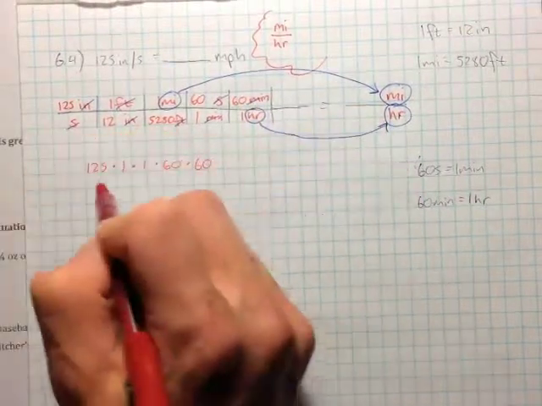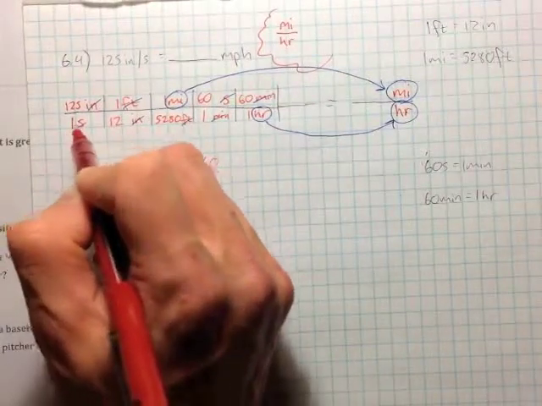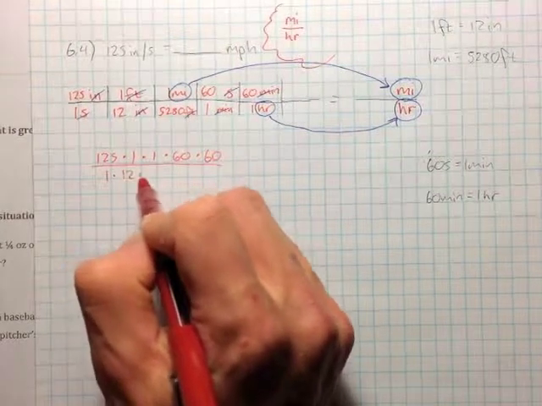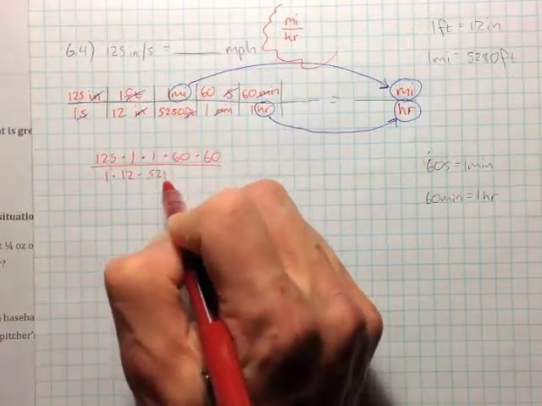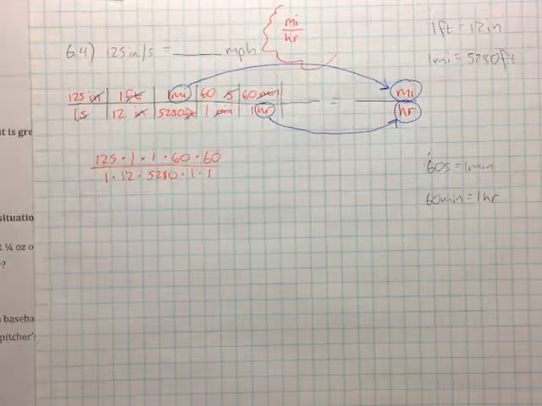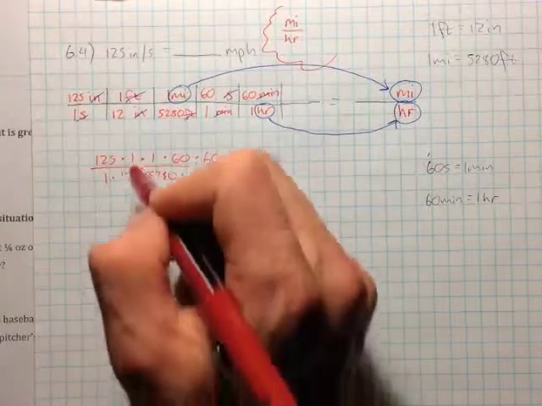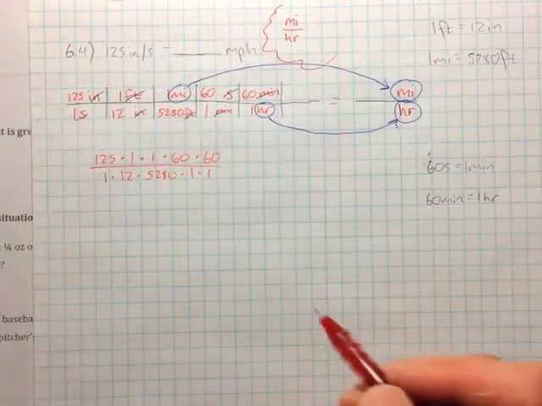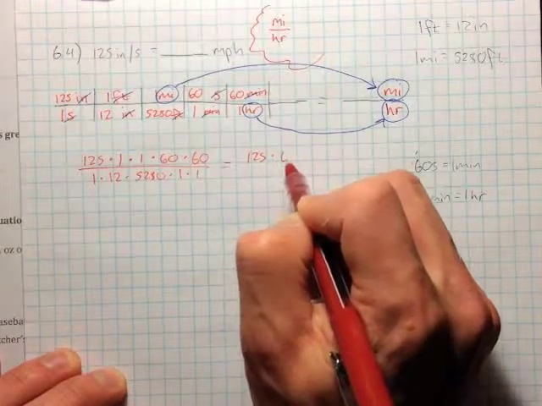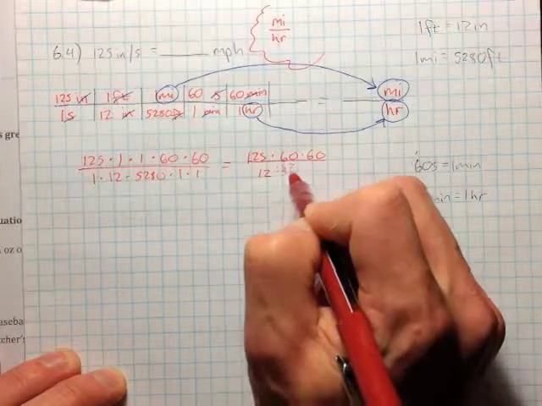And then we're dividing all of that by, this is just an imaginary 1 second here, so 1 times 12 times 5,280 times 1 times 1. Alright, and in reality, we don't even need these times 1s, because you can multiply or divide by 1 and it stays the same. So in reality, this is just 125 times 60 times 60 divided by 12 times 5,280.